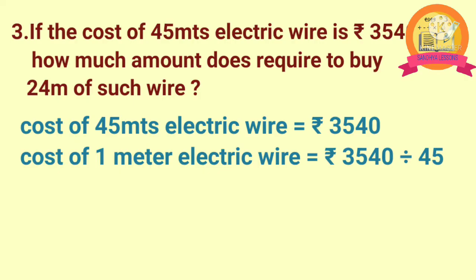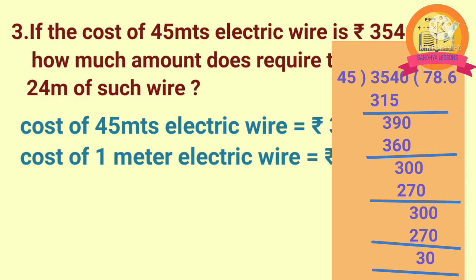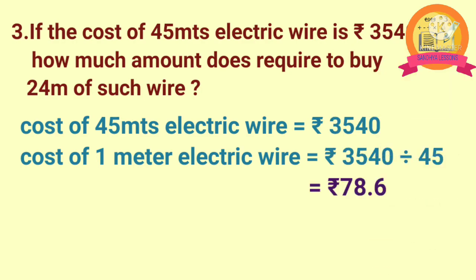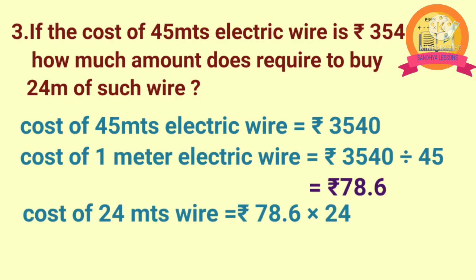Cost of 1 meter electric wire. We can get the cost of 1 meter electric wire by dividing 3,540 by 45. After dividing we get 78.6. Therefore, the cost of 1 meter electric wire is equal to 78.6 rupees.